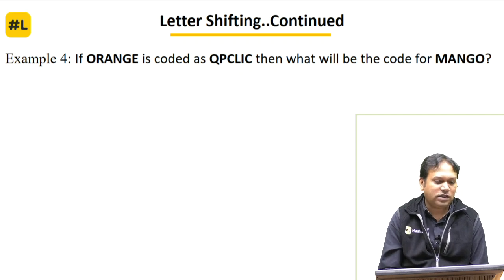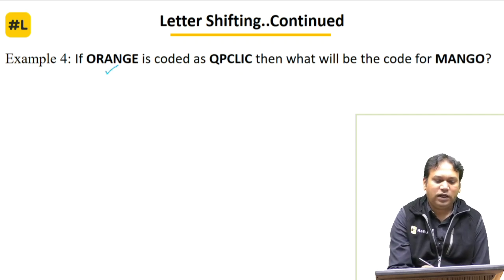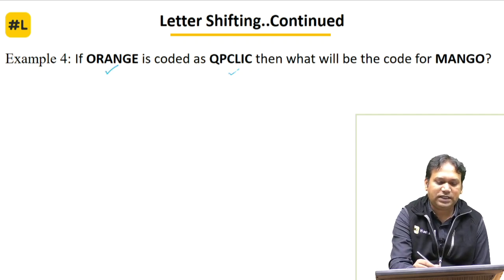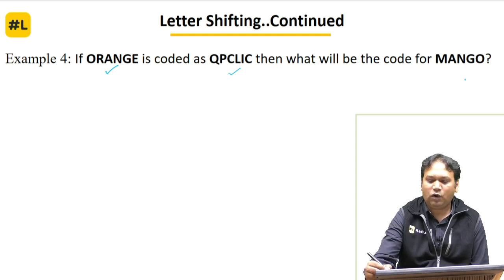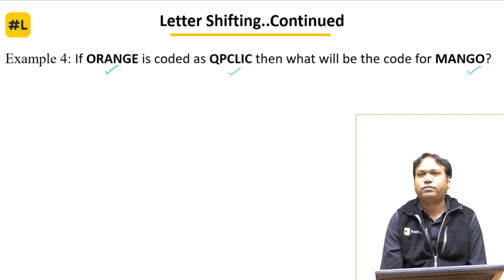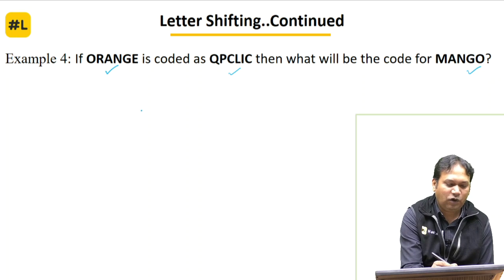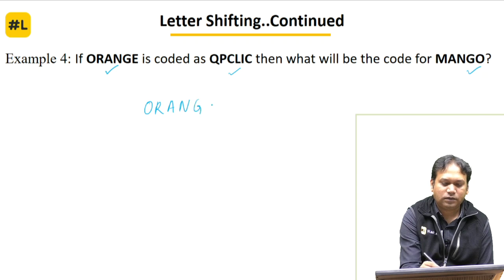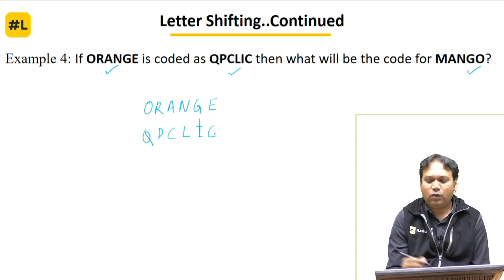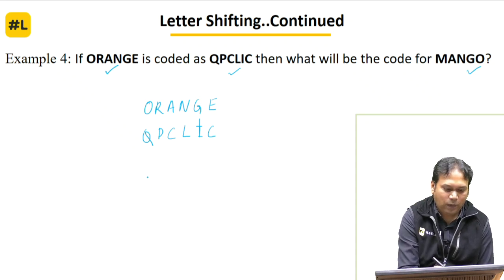Now if the word orange is coded as QPCLIC, then what will be the code for the word mango? So the word orange is coded as Q, P, C, L, I, C. Then what will be the code for the word mango?